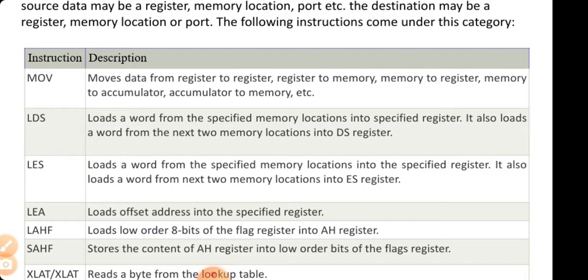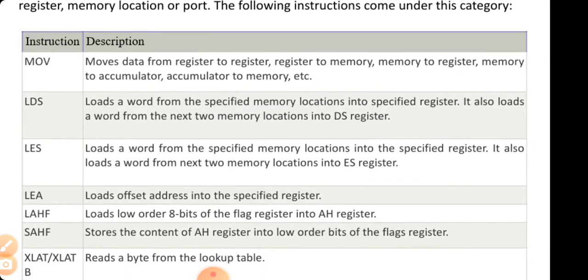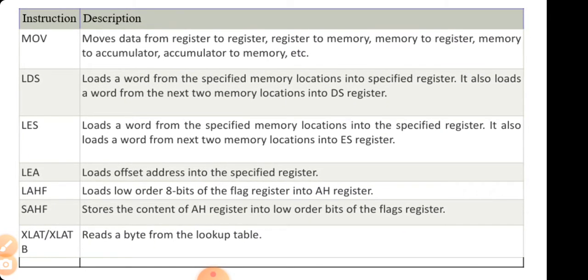Okay, now the third instruction is LES. LES means load a word from the specified memory location into the specified register. It also loads a word from the next memory location into the ES register.